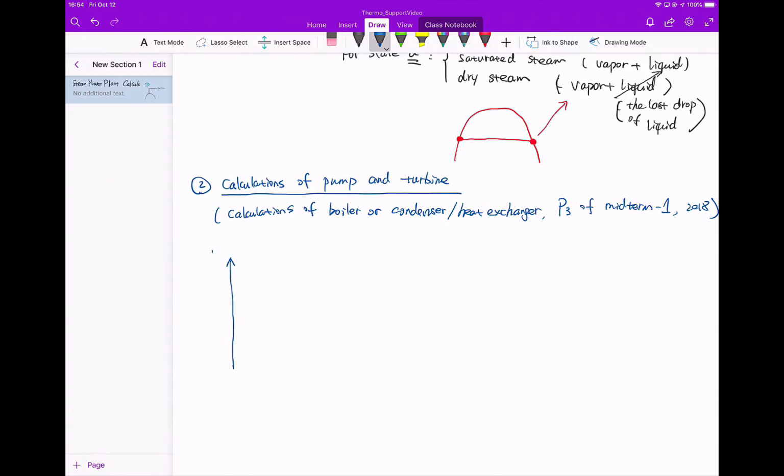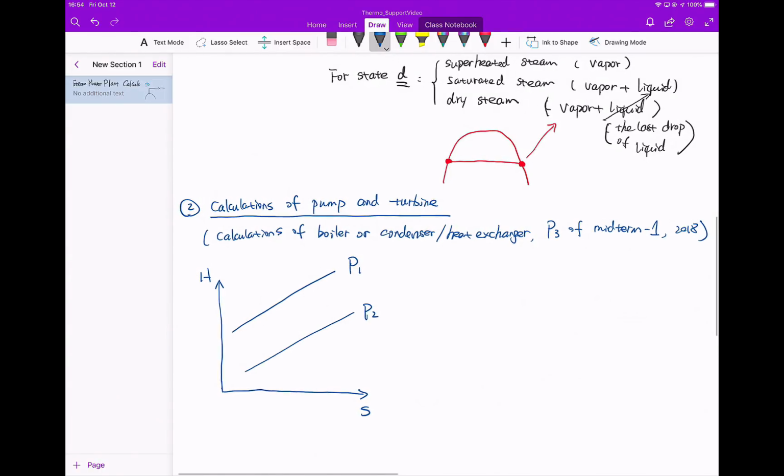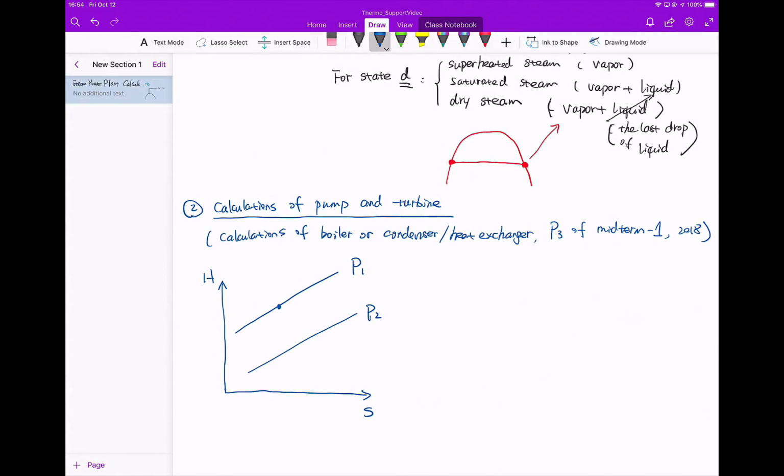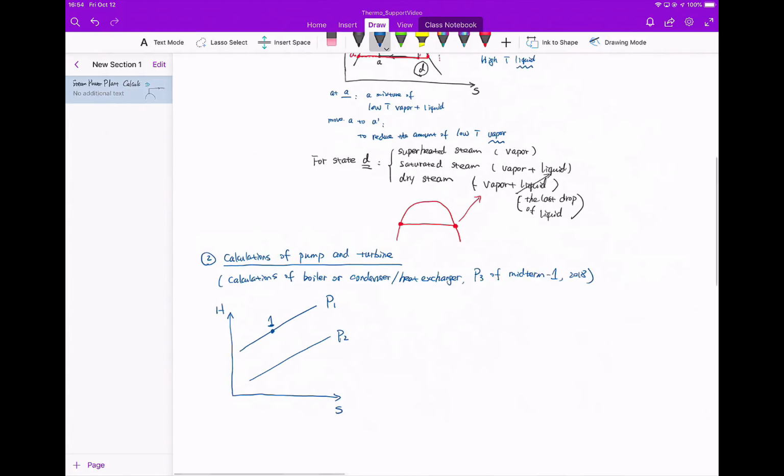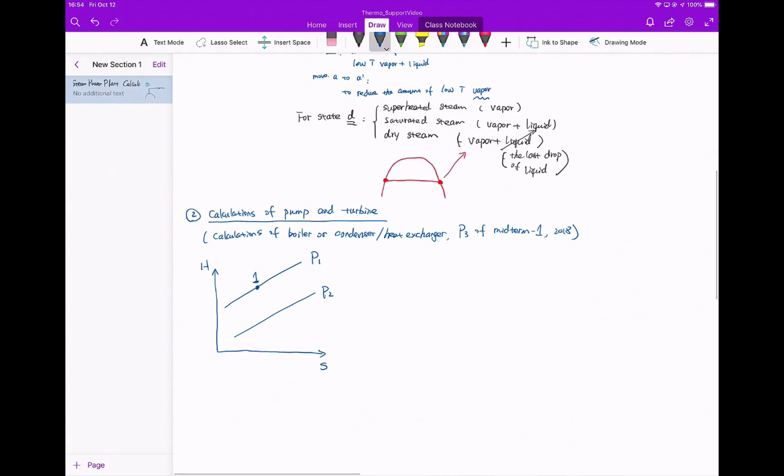So now for the calculation of pump and turbine, as we discussed in class, if we are looking at this HS diagram, this is the two pressures. This is P1, this is P2. Okay, so P1 very often, this is initial, is coming from what? Let's say this is an HS diagram for turbine.